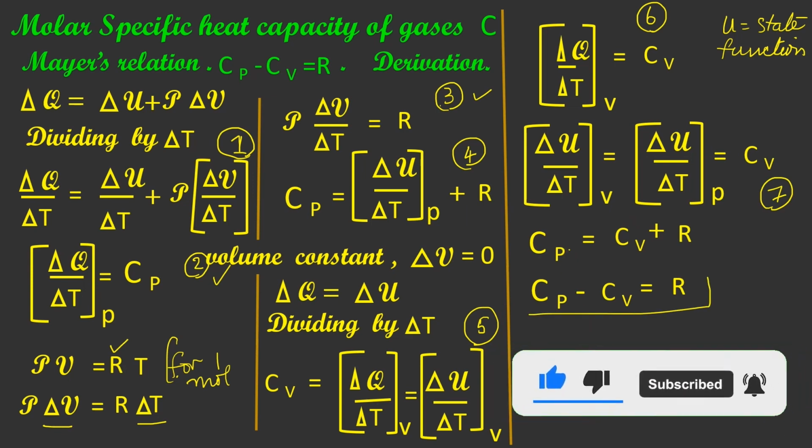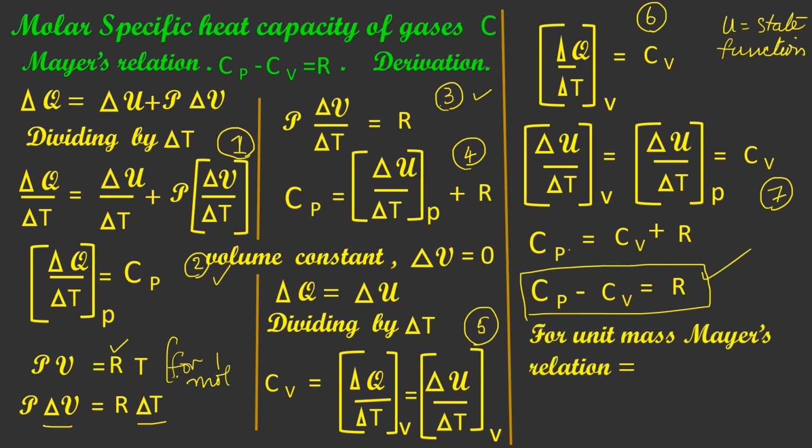This is Mayer's relation. Now, if we are considering unit mass, not mole, then Mayer's relation can be written as Cp minus Cv is equal to r. We use small letters. Capital R is universal gas constant for 1 mole.